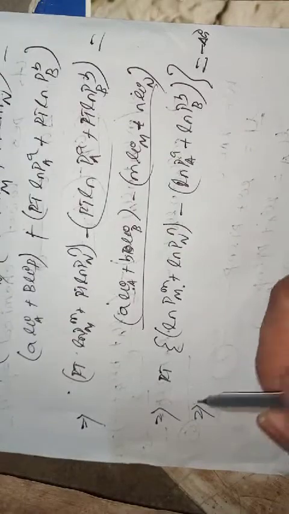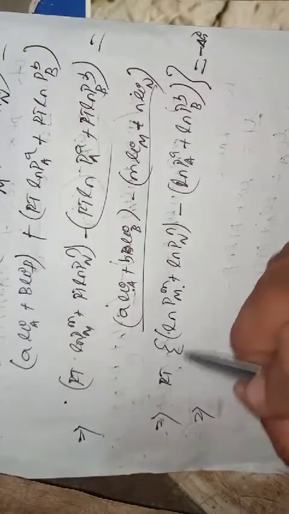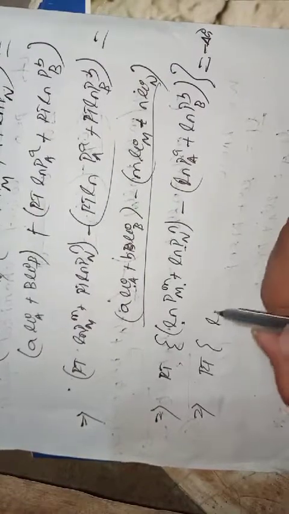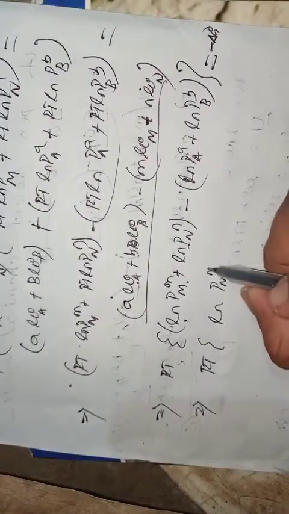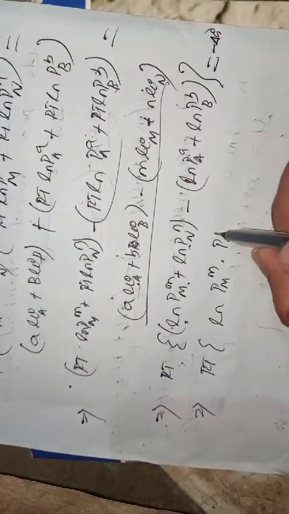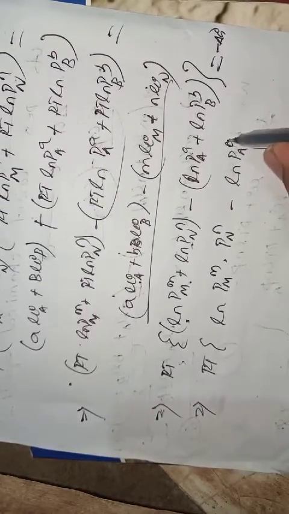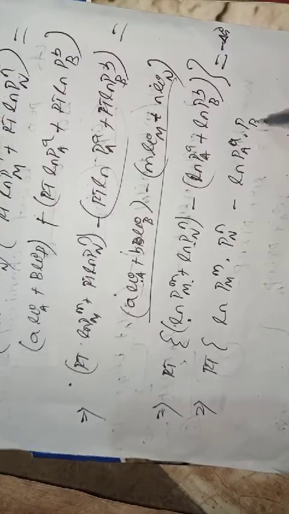This implies that we know ln a plus ln b is equal to ln ab. RT times ln Pm to the power m into Pn to the power n minus ln Pa to the power a into Pb to the power b is equal to minus delta G naught.